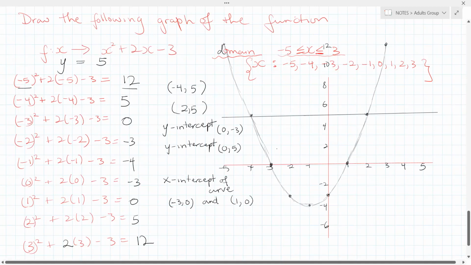So the x-intercept cuts the x-axis, the y-intercept cuts the y-axis. We have a y-intercept here. We don't have an x-intercept for this line because it doesn't cut the x-axis. This is a function because I had 2x and 1y.